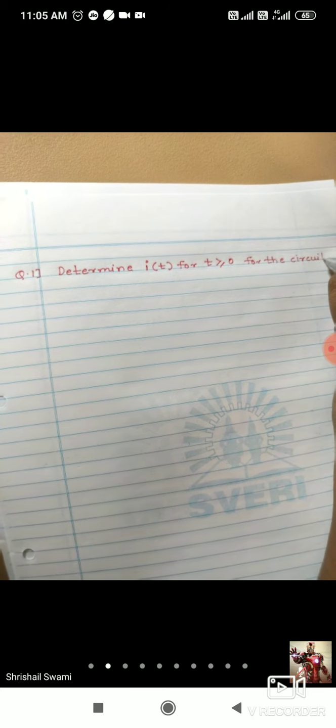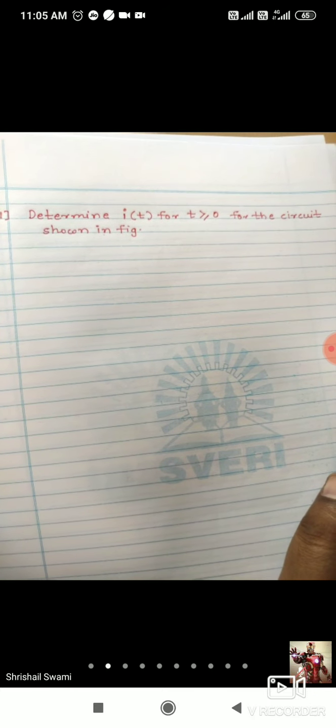Okay, so for the circuit shown in figure, determine I of t for t greater than or equal to 0.